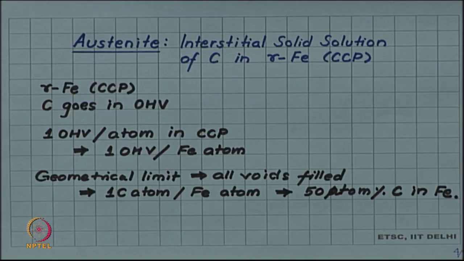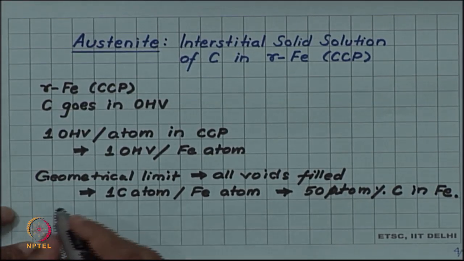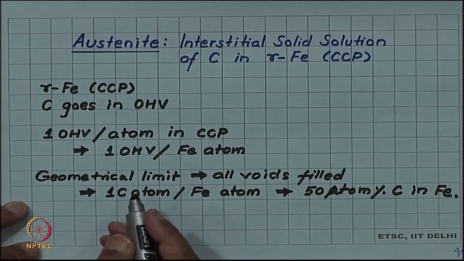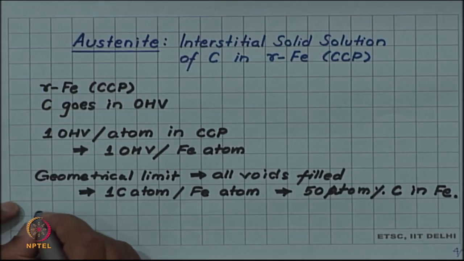So, the 50 atom percent carbon in iron will be the upper geometrical limit in CCP iron. You cannot put more than that. In reality, of course, you will see that this solubility is limited even further. So, if we look at a real case for the gamma iron, we find that the maximum solubility actually is limited only to 4 weight percent.